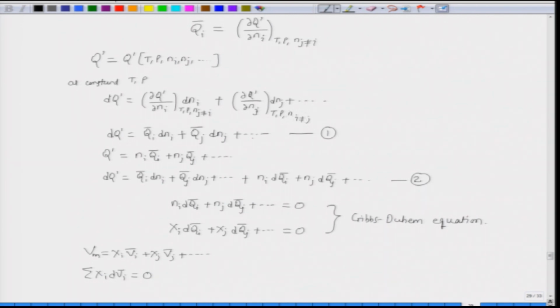Similarly, if we consider Gibbs free energy, molar Gibbs free energy, we can write G as xi gi bar plus xj gj bar and so on, where by the definition of partial molar quantities, gi bar is defined as dou G prime by dou ni at constant temperature, pressure and constant number of moles of other species.